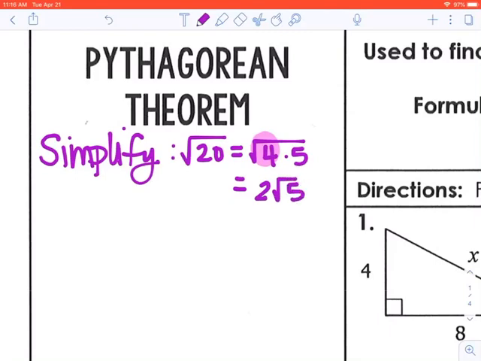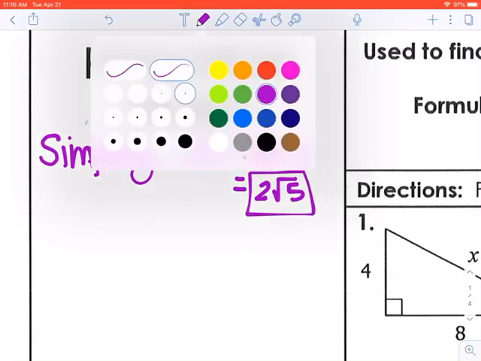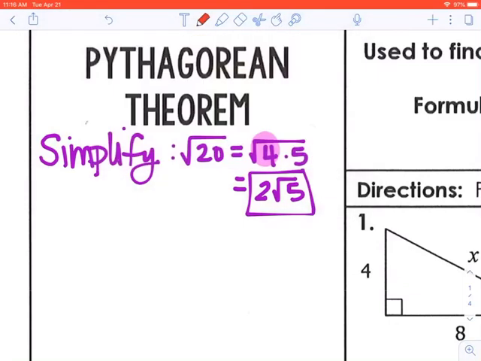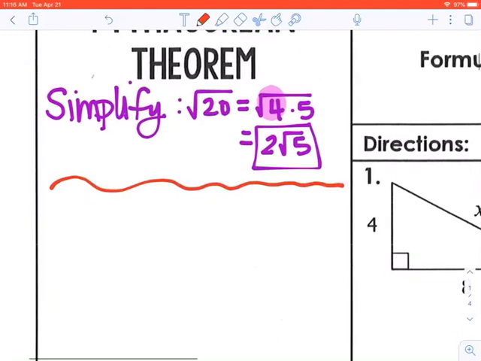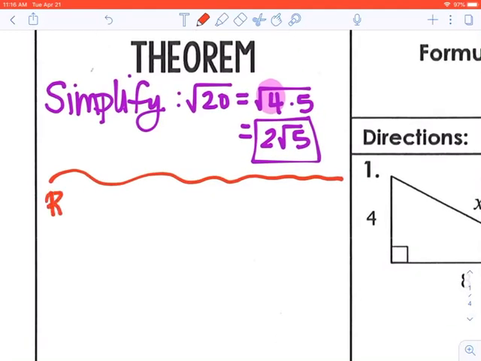And 5 is not a perfect square, it doesn't have any perfect squares in it, so this would be a simplified radical here, okay? And so we would be done with that. That's simplifying a radical, which we will be doing a lot of. And then we'll also be rationalizing a lot as well, okay? Rationalizing a denominator when there's a radical in the bottom.